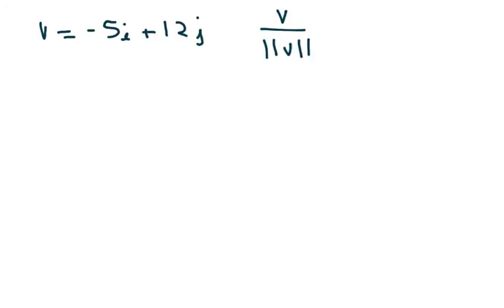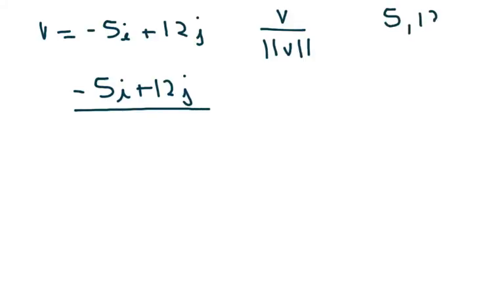The next one is v equals negative 5i plus 12j. Again, this is just practice for when we do some application problems. Do you know your Pythagorean triples? 5, 12, 13. What do you think we should get in the denominator? Maybe 13?